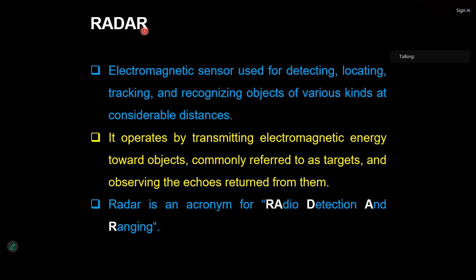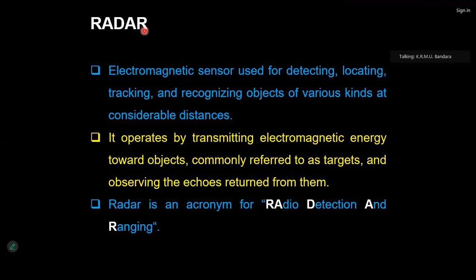It operates by transmitting electromagnetic energy towards the object, that is the target, and observing the echoes, that means the reflection which is coming back to the sensor, that is the return to the sensor, and recording.